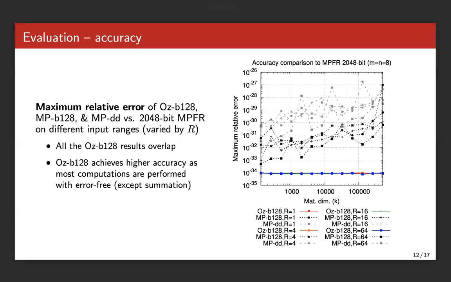This figure shows the maximum relative error of each implementation versus MPFR with 2048 bits. Our implementation achieves higher accuracy than others because most computations are performed error-free. Unlike the other two, the error does not increase as the dimension increases.